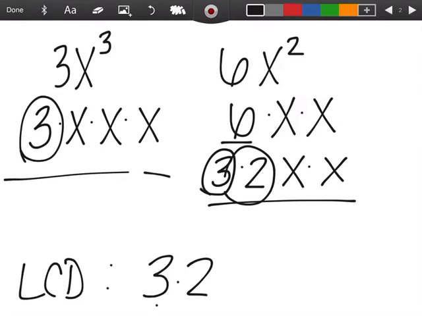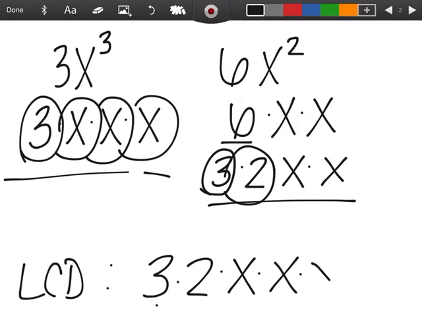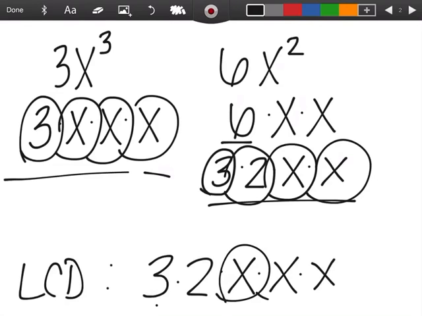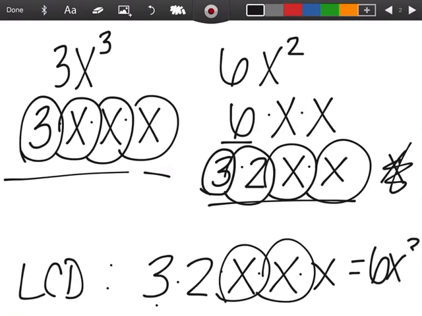And then I need the highest number of each of the factors in the given polynomials, so I need 3 x's. In this case over here, I only have 2, so those 2 are already accounted for. There's an additional one, so I would ultimately be multiplying this one by an x if I was getting common denominators.